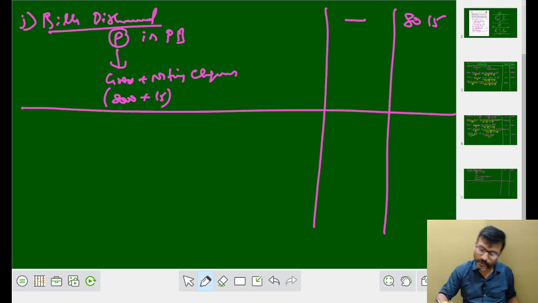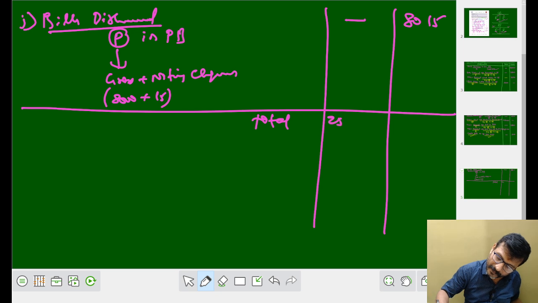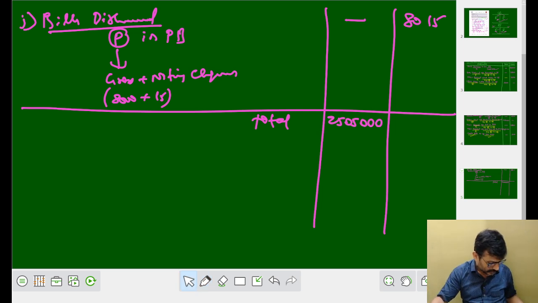Now you work out the total. Take the calculator, work out the debit of total. It comes to 25 lakh 5,000. Work out the total of credit. It comes to 67 lakh 38,015.